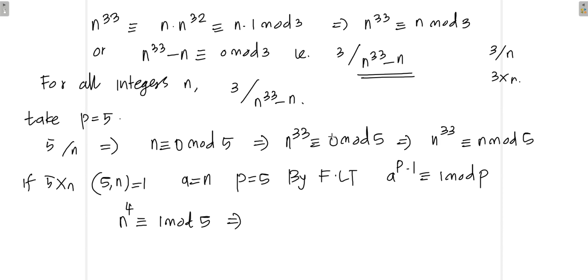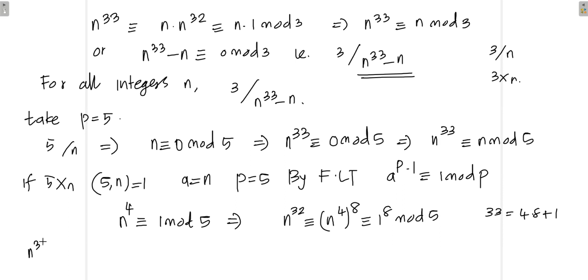This is, നമുക്ക് n raised to 33 ആണ്. So 33 is 4 into 8 plus 1. Okay. So n raised to 32 congruent to n raised to 4, the whole raised to 8. n raised to 4 is congruent to 1. So n raised to 4 the whole raised to 8 is 1 raised to 8 mod 5.